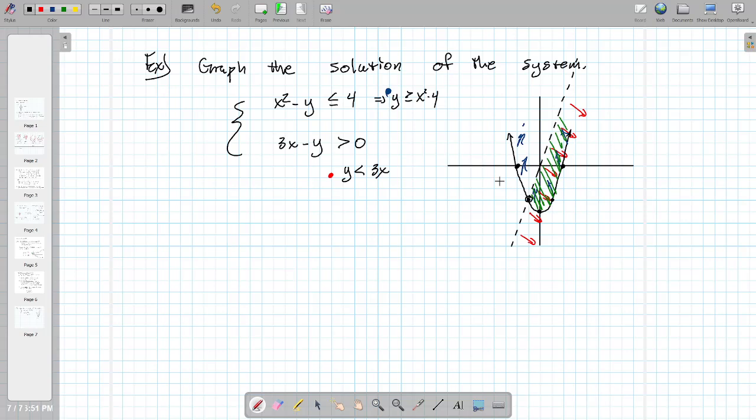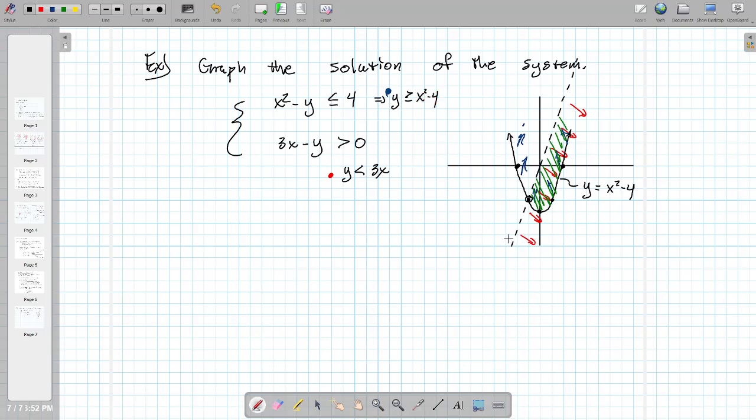That one's obvious. But to find the intersection points, what we want to do is set this function equal to this function, because these are the boundaries. Notice that y is equal to x squared minus 4 is the boundary for this inequality.